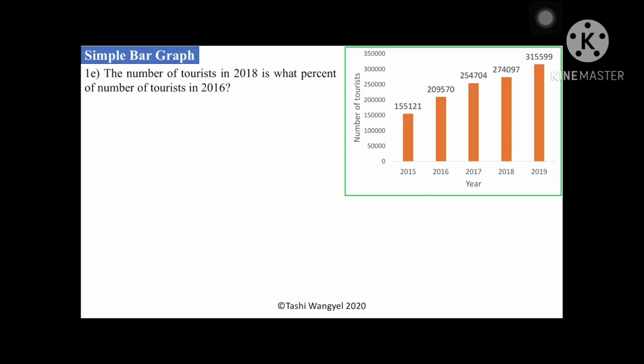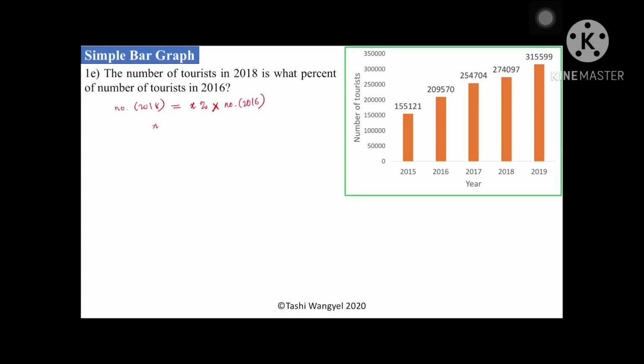Part E: the number of tourists in 2018 is what percent of the number of tourists in 2016? Through another equation, solve: the number of tourists in 2018 is what percent of the number of tourists in 2016.